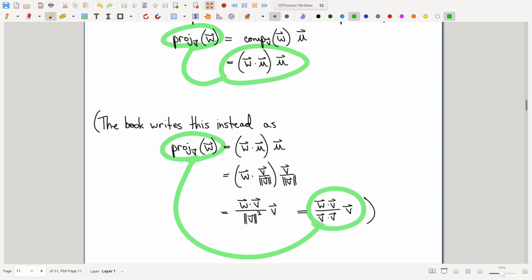Here's what I don't like about this formula. It's not particularly transparent where it came from. Right? If you're sitting there on a test trying to remember, wait a minute, which way does it go? Is it, oh gosh, is it W dot V divided by W dot W, or is it V dot W divided by V dot V, or which way does it go?